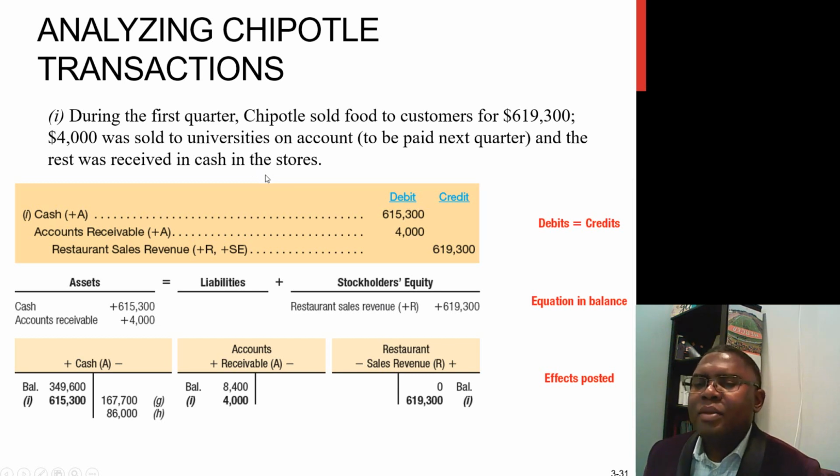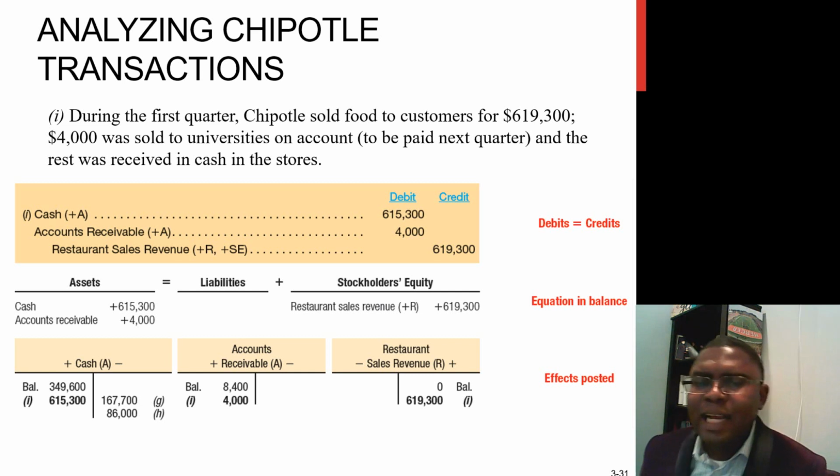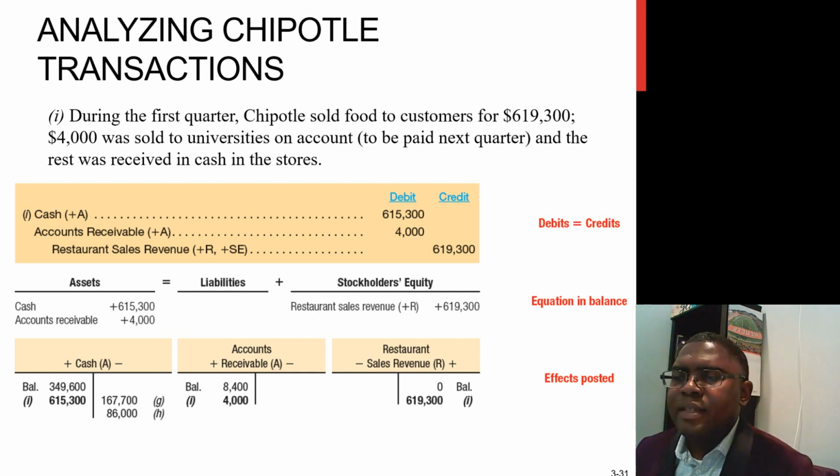So there are three accounts that are affected here. Revenue needs to be recognized. So there is a revenue account, there is the cash account, and then there is the receivable because the sale was done on account. So the university promised to pay the next quarter.